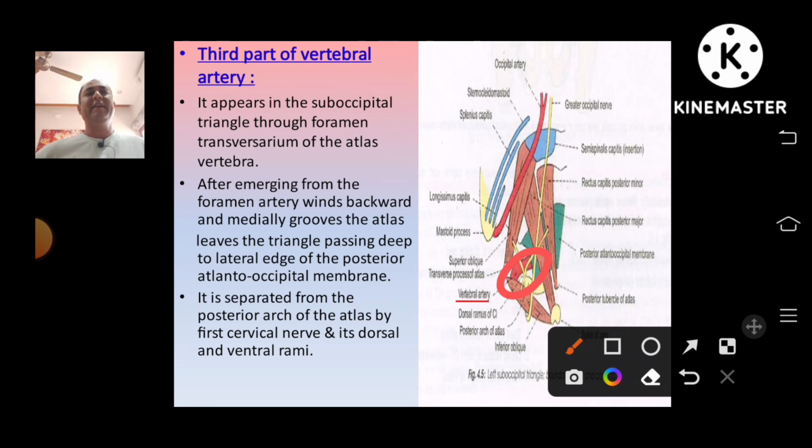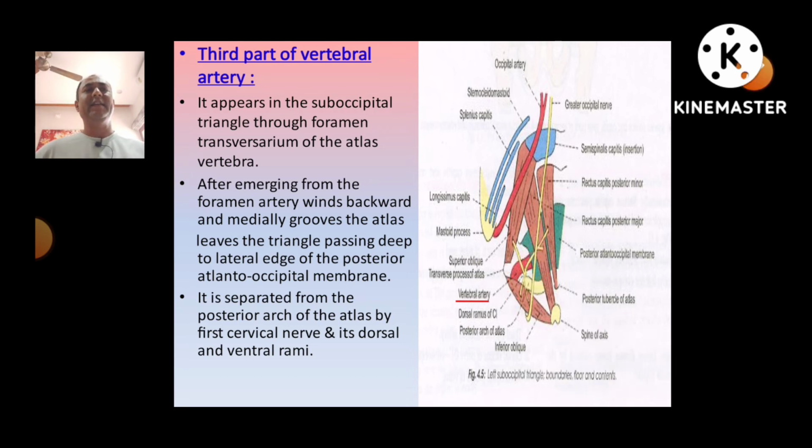It is separated from the posterior arch of the atlas by first cervical nerve and its dorsal and ventral rami. So total 4 contents are there: 2 nerves, 1 artery and 1 venous plexus.